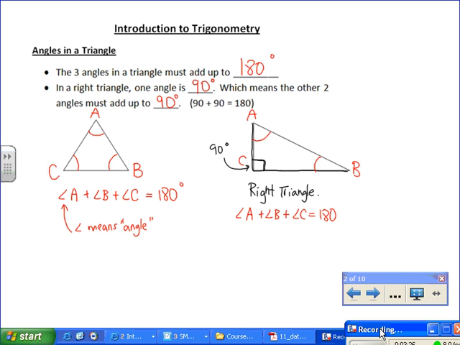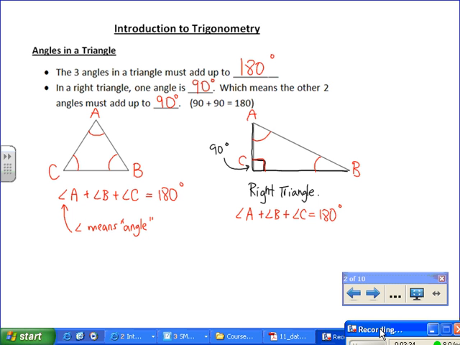So if I knew two of those angles, I could simply subtract them from 180 degrees. The other thing that is true is that if this angle is equal to 90, that means that angle A and angle B together have to be equal to the other 90 degrees. So I could also use a faster method of figuring out one of my unknown angles.